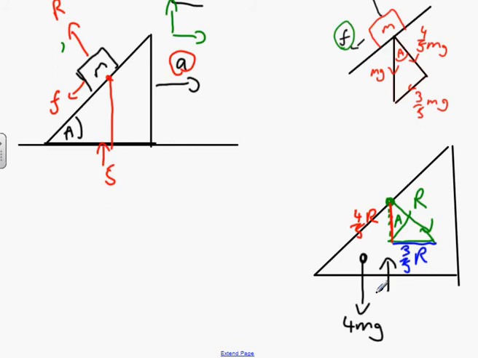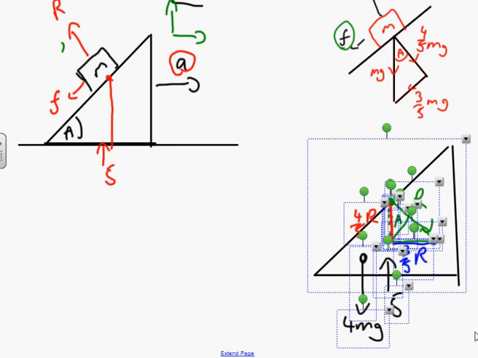It's a force that balances up. Usually I threw an S earlier on, so it's going to be S. Okay, so we have R, we have the weight, and we have S. That's everything, okay? So what we're going to be doing next is, with my system, I've already drawn the wedge, I've already drawn the particle, I've resolved R in the directions of the wedge's acceleration.